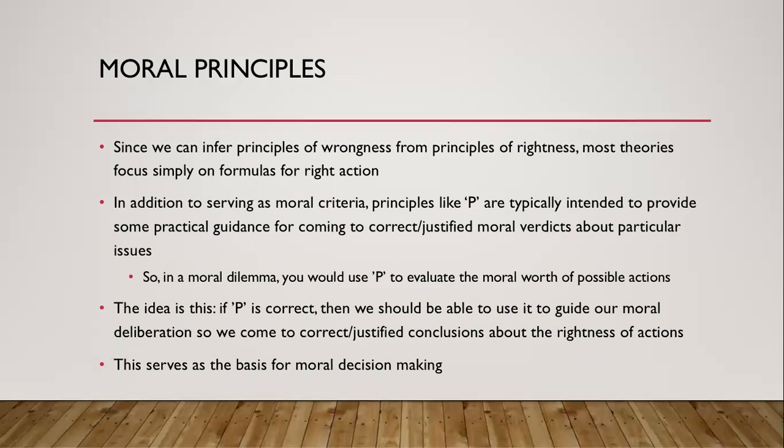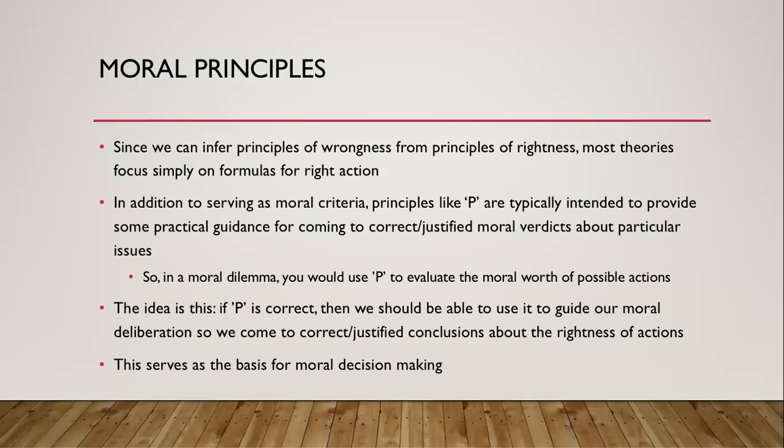So that was my kid with the ice cream example. You're supposed to, in a moral dilemma, use these formulas or these moral principles to evaluate the moral worth of possible actions, where that worth is right or wrong, or permissible. Right is obligatory, permissible is permissible, and wrong is don't do it. And the idea is just that if P is correct, we should be able to use it to guide our moral deliberation so that we can come to justified or correct conclusions about the rightness of actions.